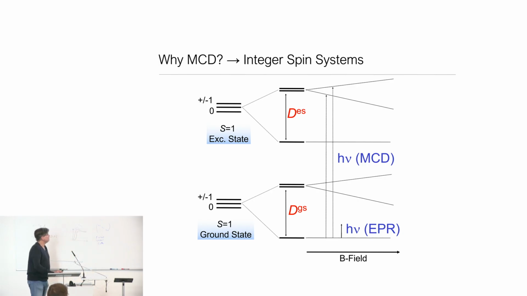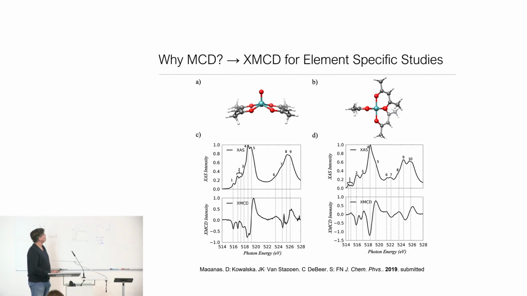Now, of course, all of this is MCD spectroscopy in the visible region, but you can also do that in the X-ray region of the spectrum, and that is so-called X-ray MCD or XMCD.